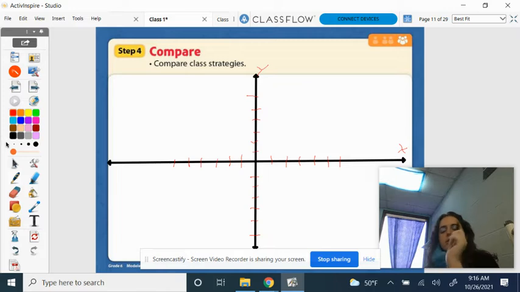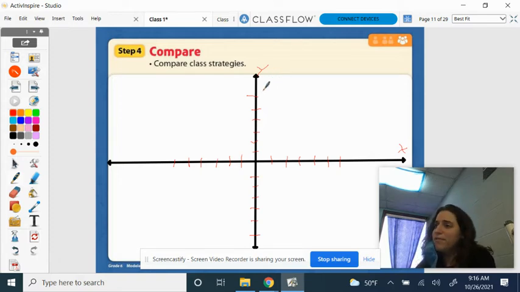Okay, let me stop you right there. You're correct, it doesn't really matter which one you draw first. I tend to do the x-axis first just because I'm more used to horizontal. The only thing that does matter, especially if you have graph paper, is to use those lines to help you. If you don't have graph paper, I'm not going to expect it to be straight.